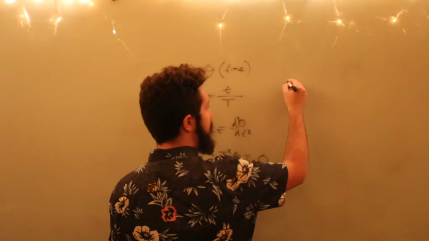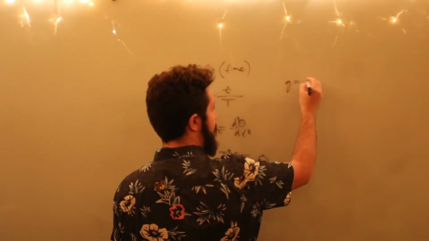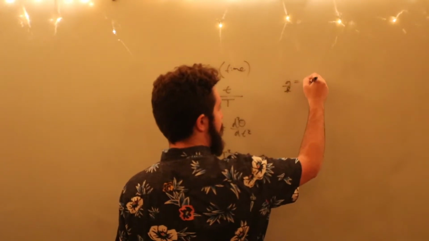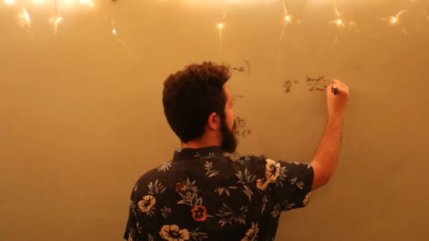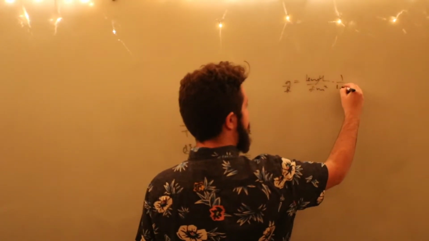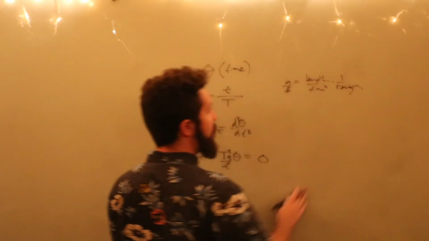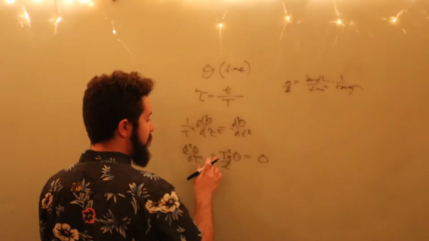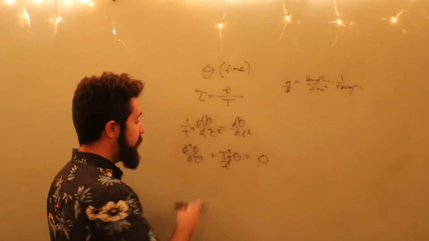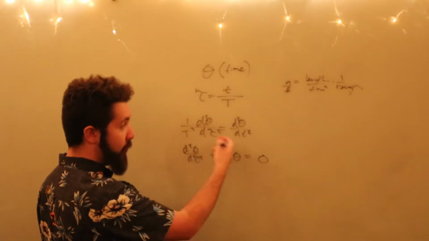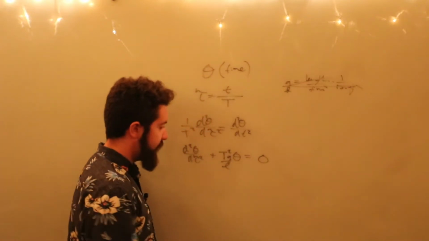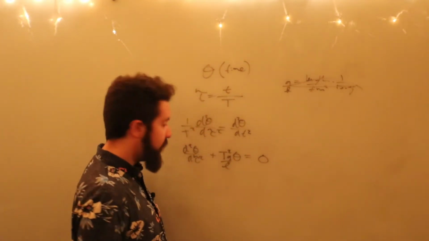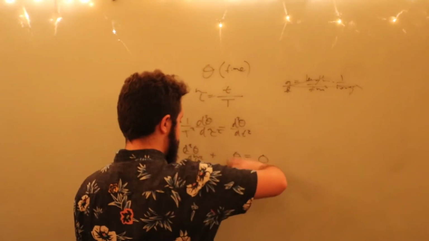And if you recall, g over L is going to have units of length per time squared times 1 over length, right? So it's just going to be 1 over time squared. So that if you multiply by the period squared, which has units time squared, you're going to get something which is dimensionless. So this we can just call a constant.